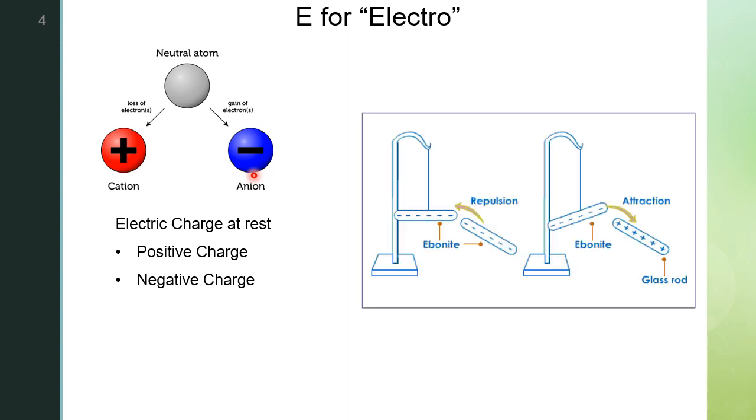When you consider an ebonite rod made up of negative charges and bring another negative ebonite rod near it, they will repel each other. But if we bring a glass rod which contains positive charge near an ebonite rod, they will attract each other. So you can tell that like charges repel and unlike charges attract each other.